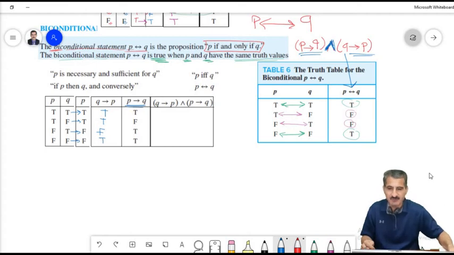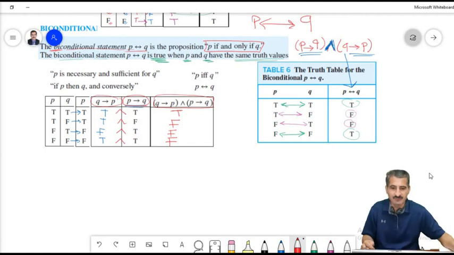Now what we do to obtain all that, we will do the conjunction of this and this. So we'll have true and true gives true. True and false is false. False and true is false. True and true is true.